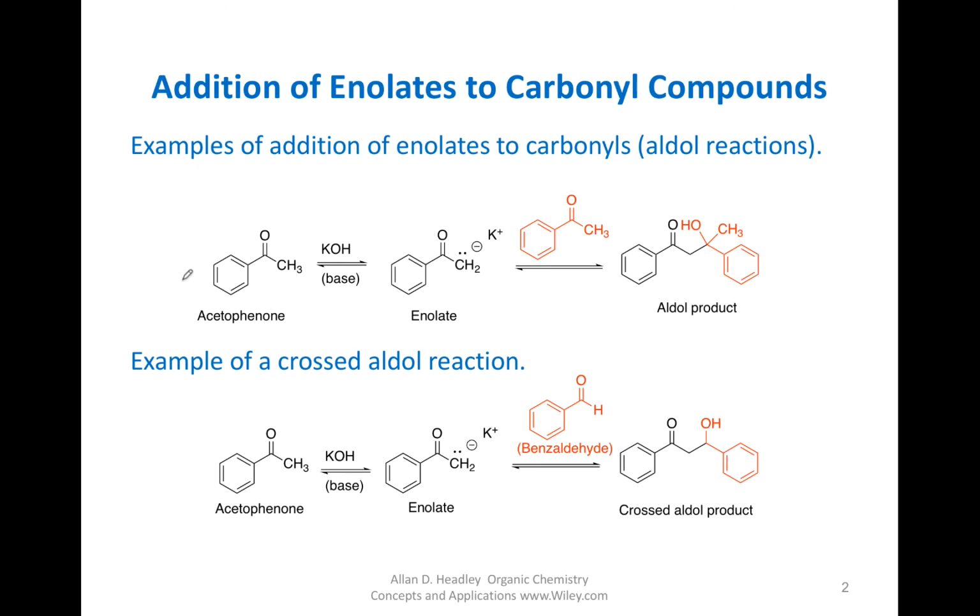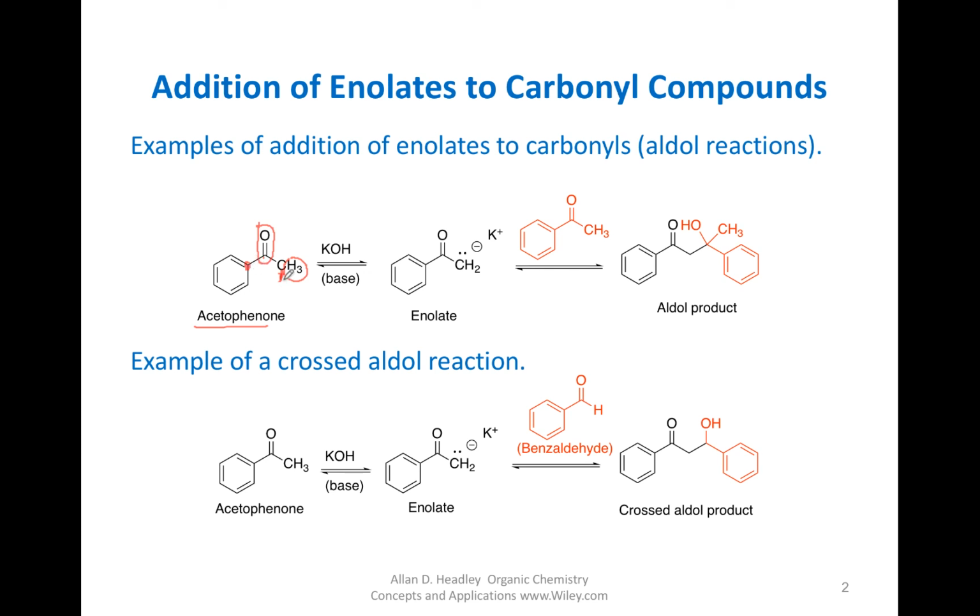Here's another example. This time it's acetophenone. Here's the carbonyl carbon. Here is the alpha carbon, and here are the alpha hydrogens. Notice this carbon here does not have a hydrogen. There are 4 bonds to that carbon already.